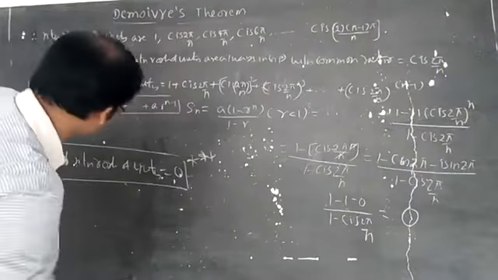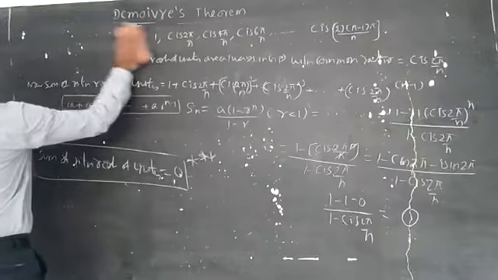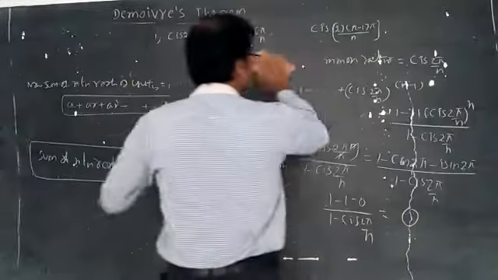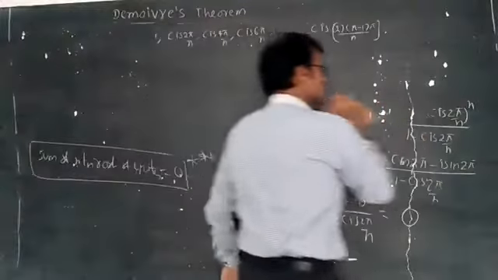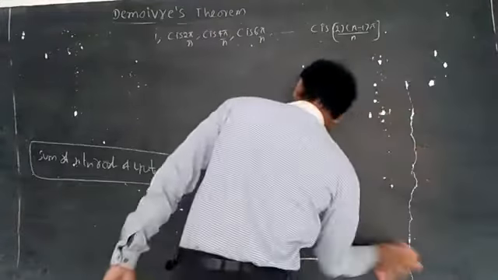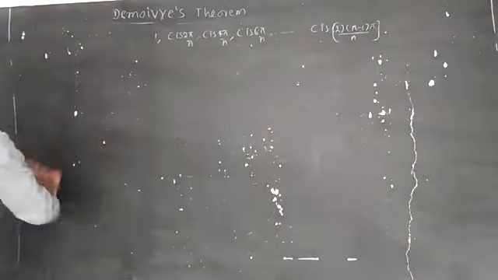Now let us discuss the product of nth roots. Sum of nth roots we have discussed. Now let us discuss the product of nth roots of unity. Unity means 1.